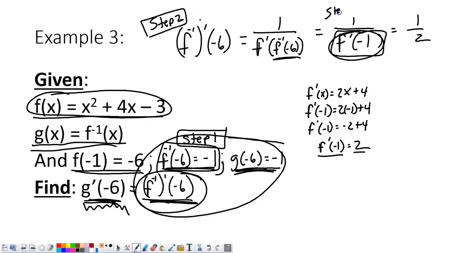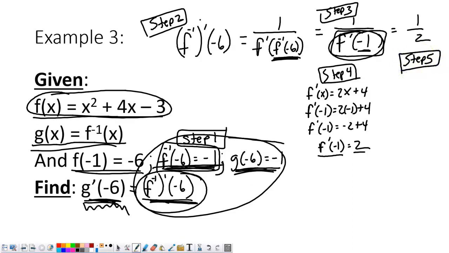Step 3, I replaced the f inverse of negative 6 with negative 1, and I got that from right here. Step 4, since I want f prime of negative 1, I found f prime and plugged in negative 1. Step 5 is your answer. Just take that last thing and put it in the bottom, you're good to go.